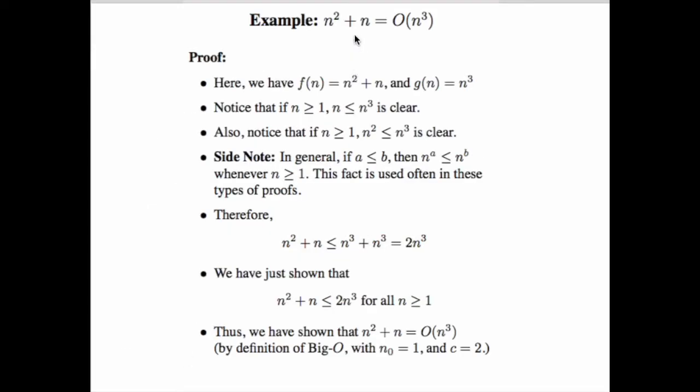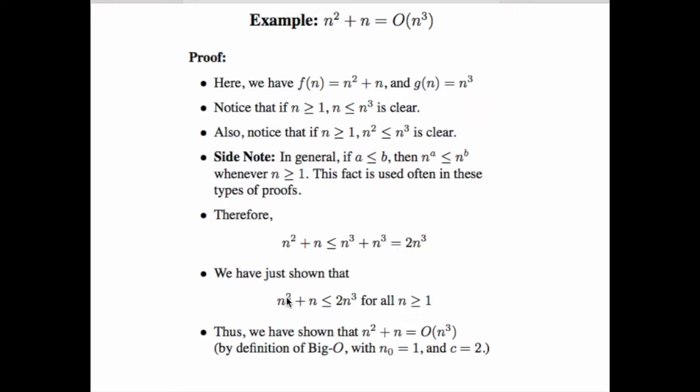So as an example, we have f of n equal to n squared plus n and g of n equal to n cubed. For n greater than or equal to 1, n cubed is always greater than or equal to n. And same is true with n cubed greater than or equal to n squared. So we can simply replace n squared and n by this expression. So since this is greater than or equal to n squared and this is greater than or equal to n, then if we simplify this, we have 2n cubed.